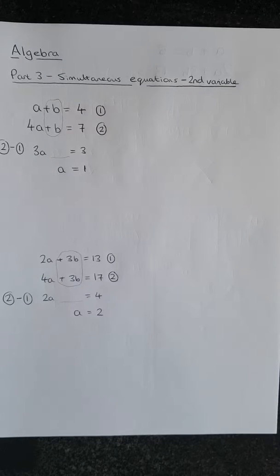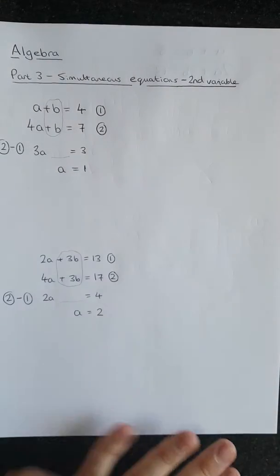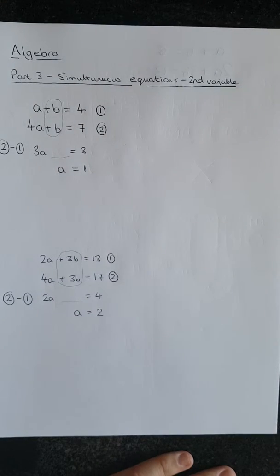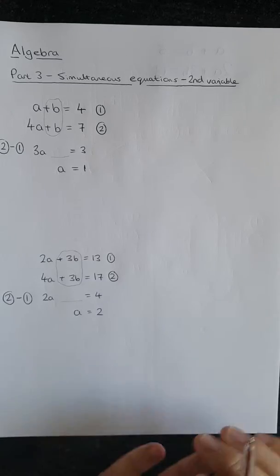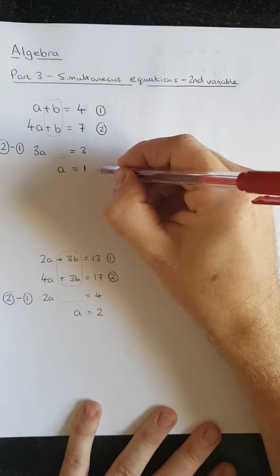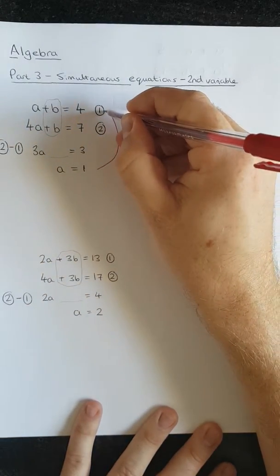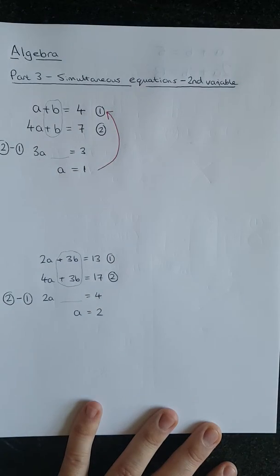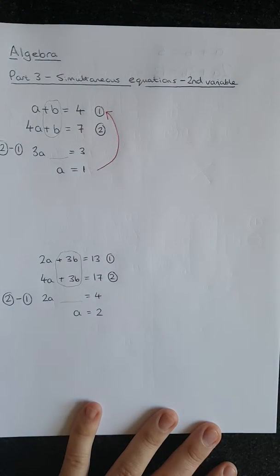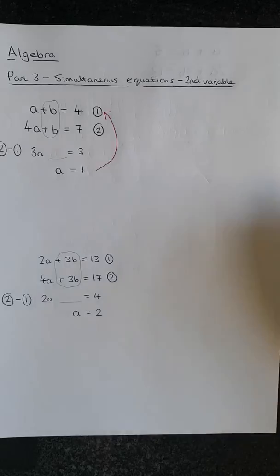So, if we know a is 1, how can we find b? Some of you might already have an idea. Let me give you a hint with an arrow. So look at equation 1.